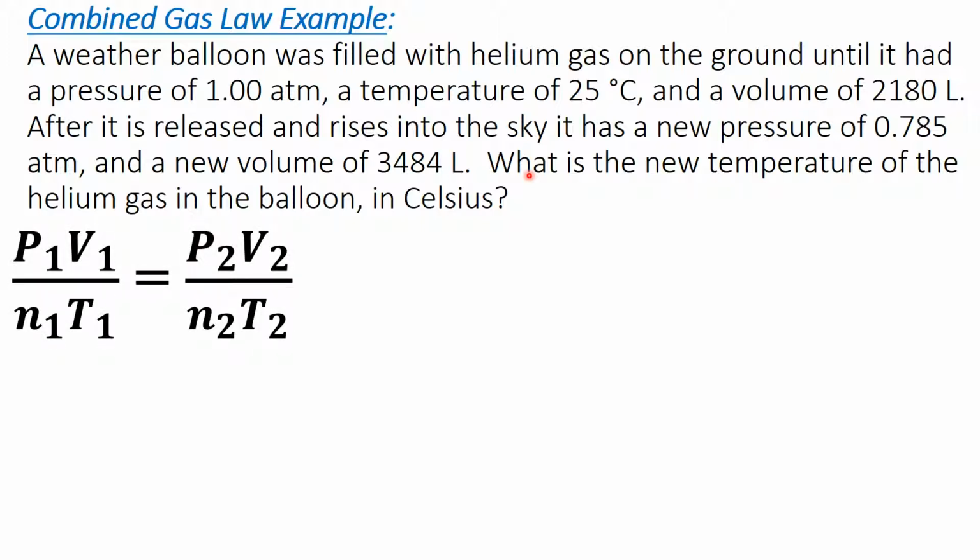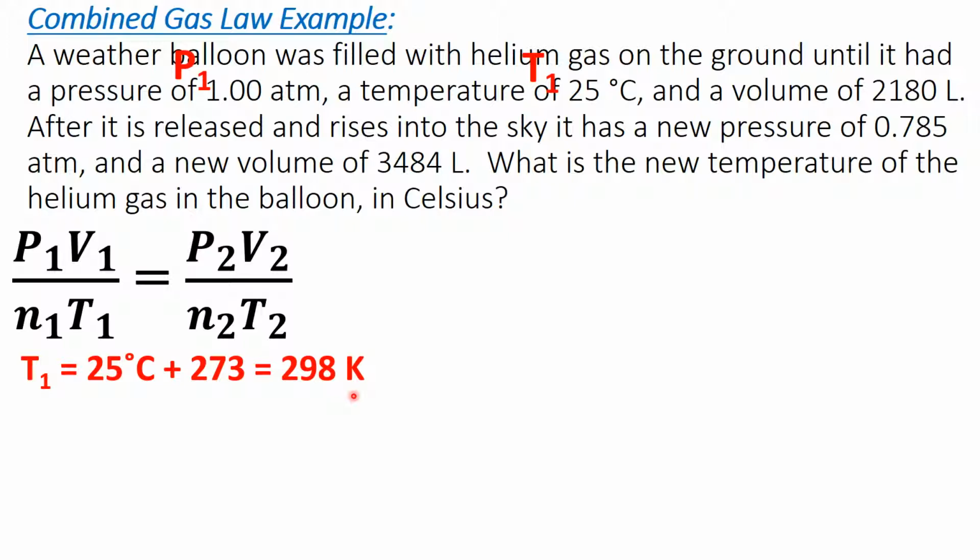Well, again, here we have our combined gas law. Let's identify our variables. P1 is our 1 atmosphere. T1 is 25 degrees Celsius. Now, remember that we need our calculated number to be in Kelvin to start with.